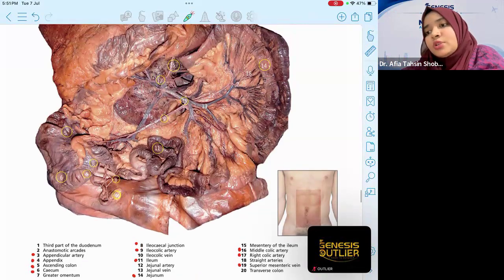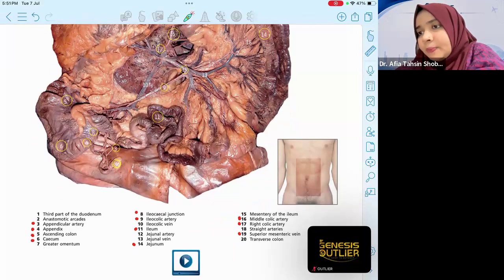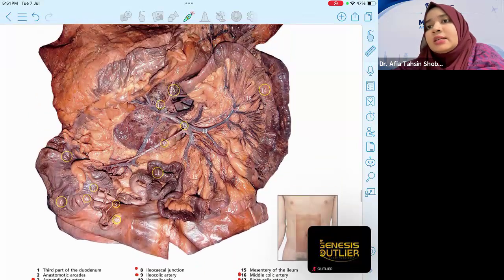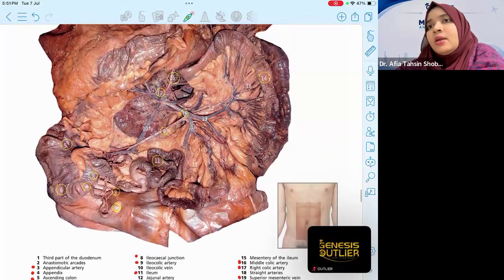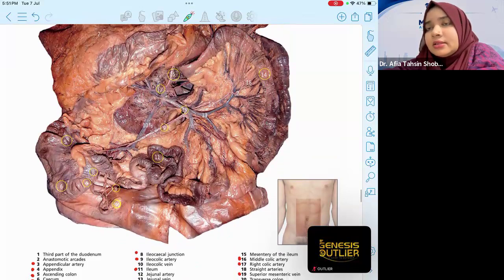First, we should identify 17. Sorry, not 17. It will be superior mesenteric artery. Superior mesenteric artery is not seen here. Here we can see the 17 right colic artery.